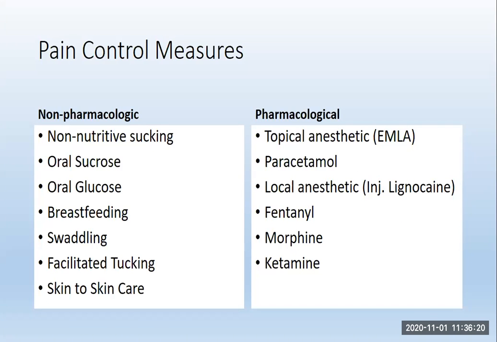So in short, what kind of measures can we use to control pain in newborns? You can see they are divided into two categories: non-pharmacological and pharmacological measures. Remember, it is very easy for us to provide non-pharmacological measures, but pharmacological interventions need the assessment or help of the treating doctor for deciding.